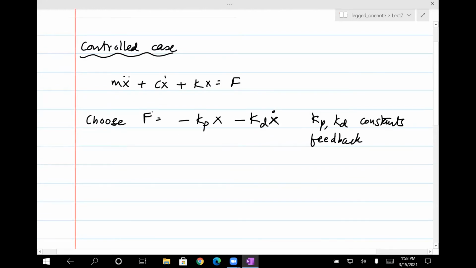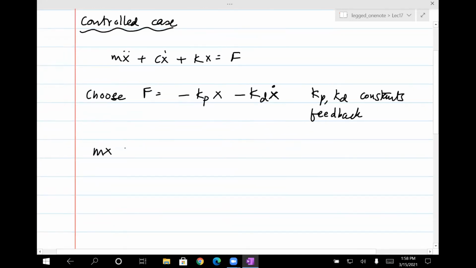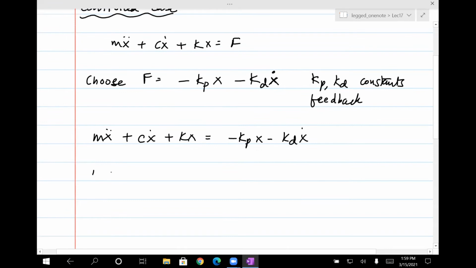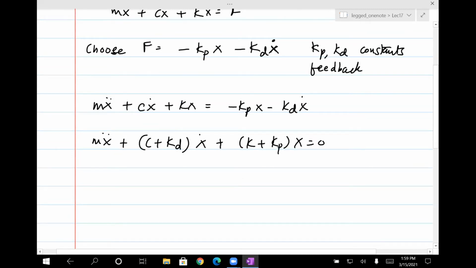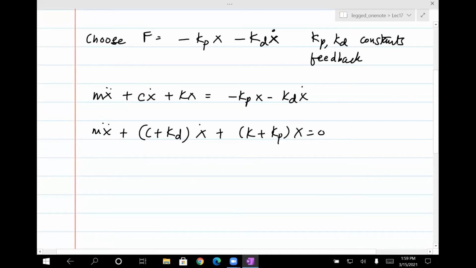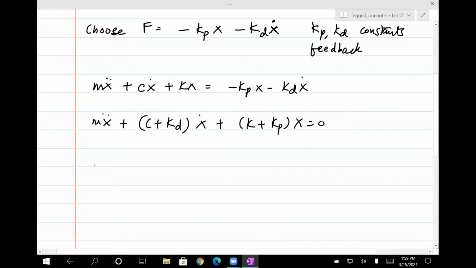So now let's put this in that equation. Okay, now we'll rearrange this a little bit. So m x double dot plus (c plus Kd) x dot plus (k plus Kp) x equals 0. Okay, now we want this to be critically damped. So what is the damping factor?